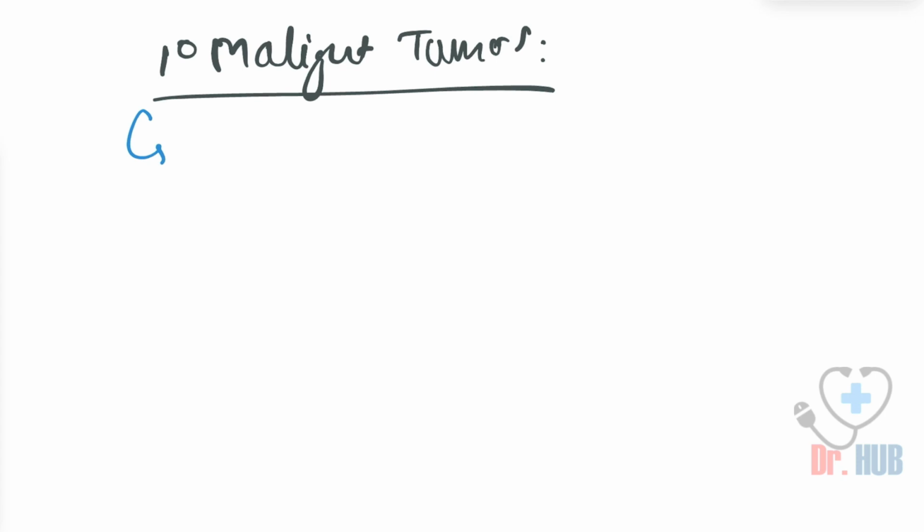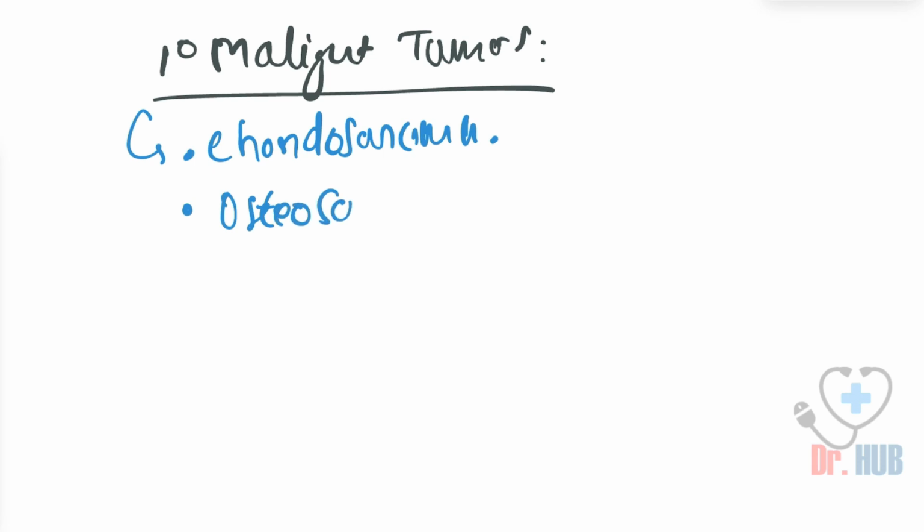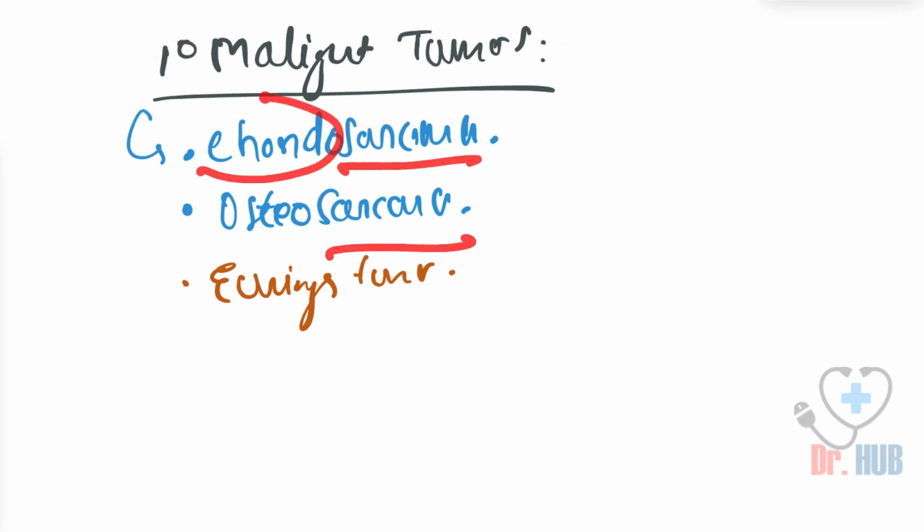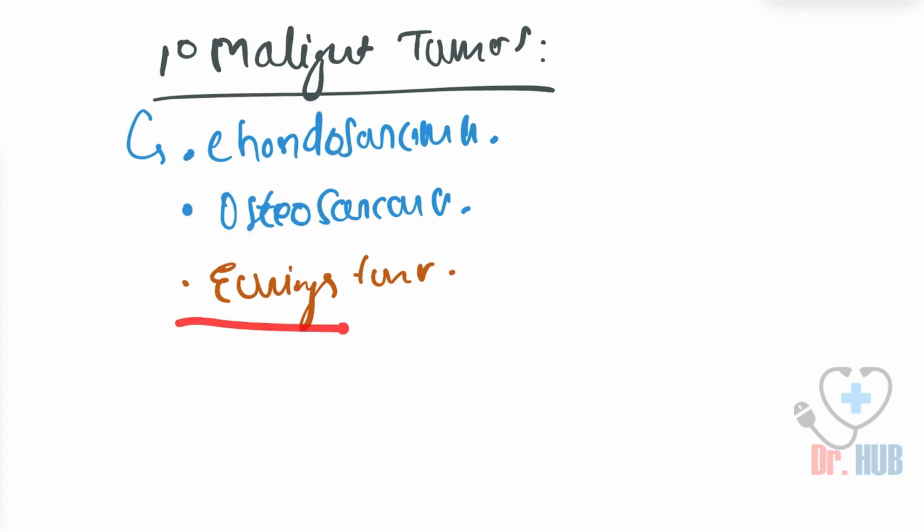The components include chondrosarcoma, osteosarcoma, and Ewing's tumor. So just to recap, the primary malignant tumors include the sarcomas, that is chondrosarcoma and osteosarcoma, as well as Ewing's tumor. So this was about pathological fractures.